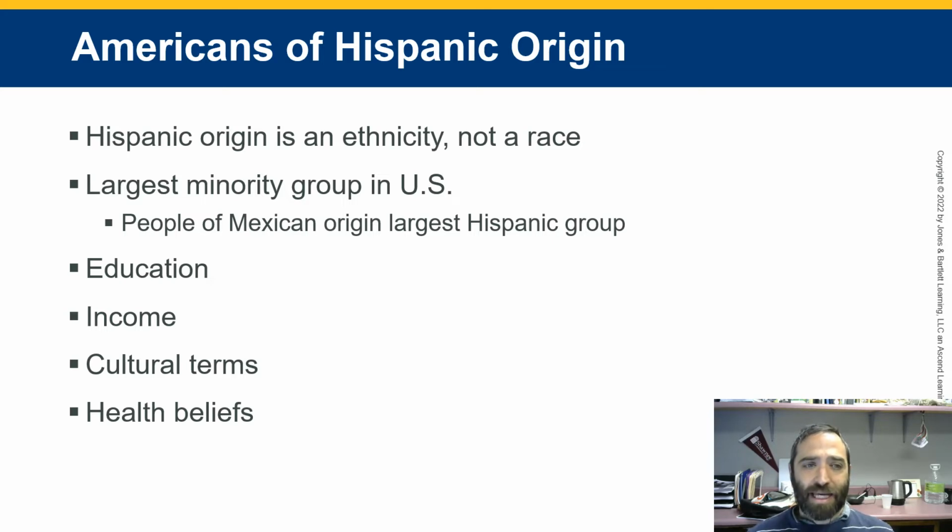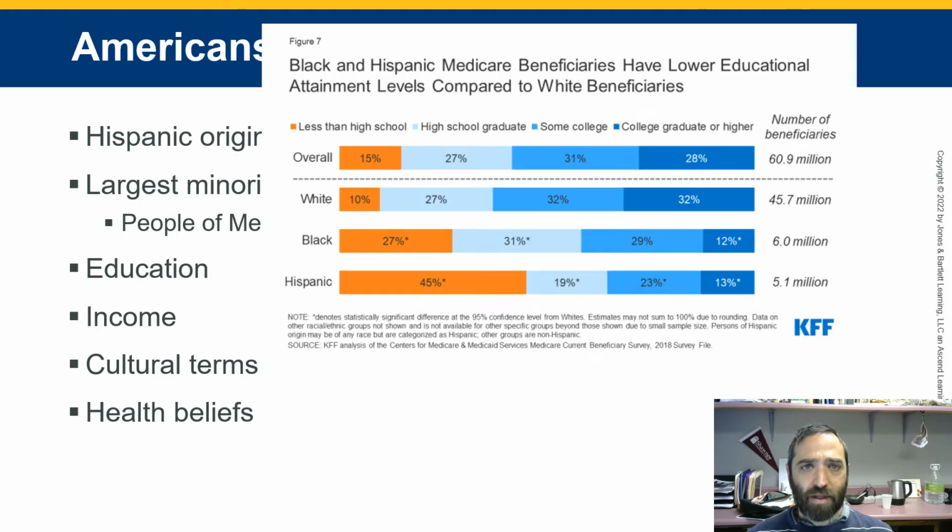I have a slide that refers to the income, I believe. No, this is education. So educational attainment, as you can see right here: large numbers of Hispanics do not have a high school diploma, 45%. 19% are high school graduates, 23% have some college, and then 13% are college graduates or higher.